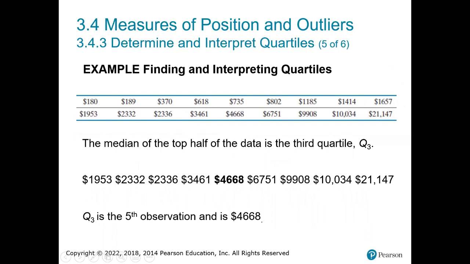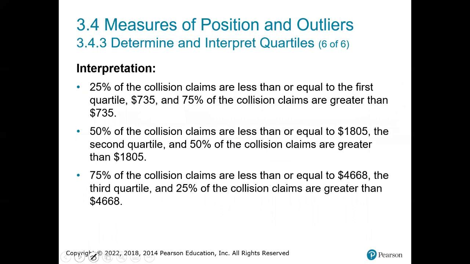Okay, so what do these values mean? Well, if Q1 is 25%, 25% of our collision claims are going to be less than that first quartile value of 735. 75% are going to be greater than that.